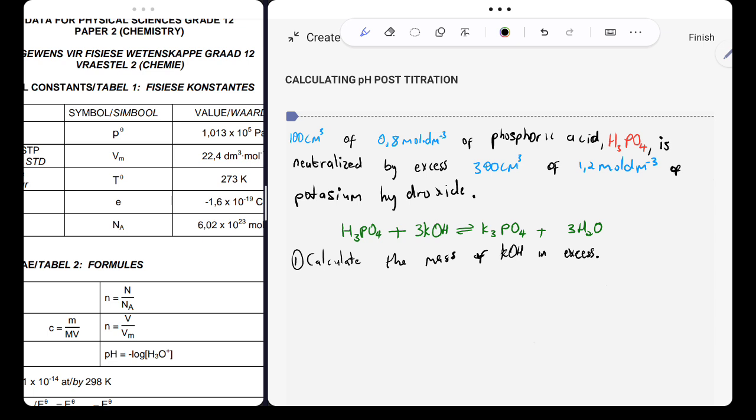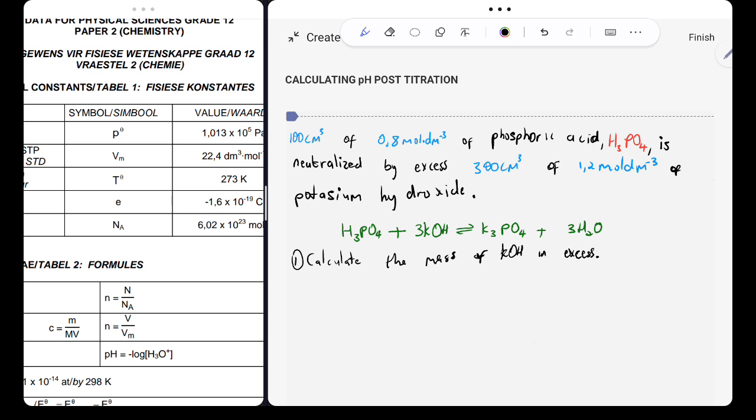Already we are told that the potassium hydroxide is in excess. Are you together? So which simply means not all of the potassium hydroxide will be completely used in this reaction.